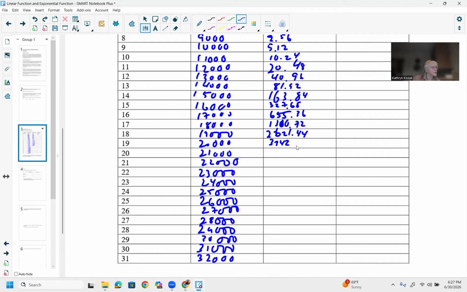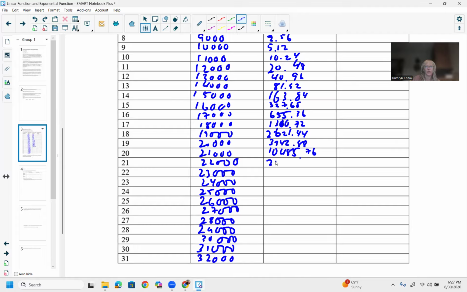Double it again. We are now at $5,242.88. Then we're going to double that again, and we're at $10,485.76. The 76 cents is really important, so we're going to keep that going.